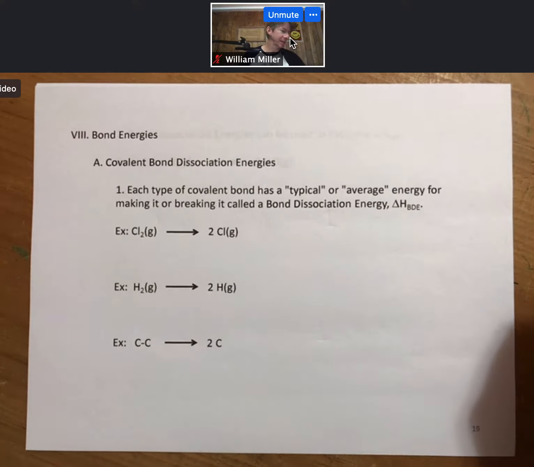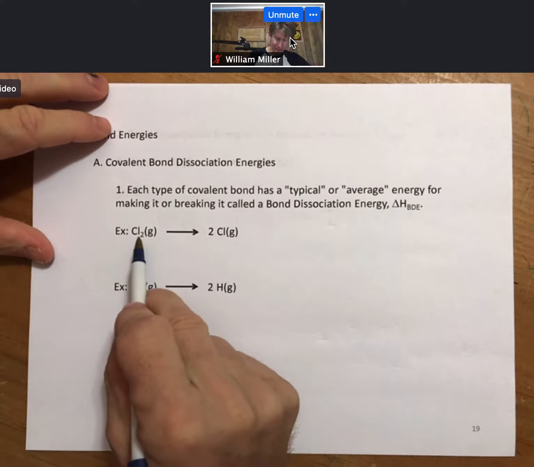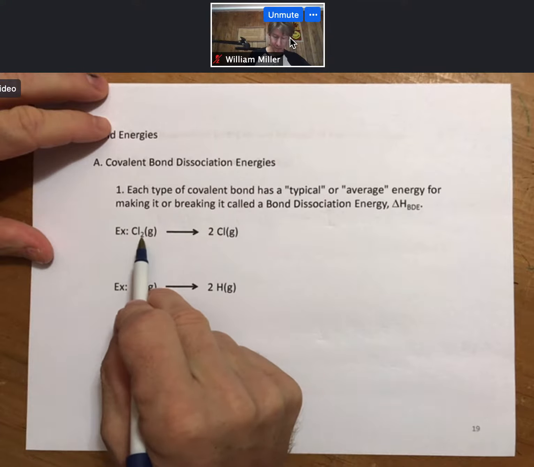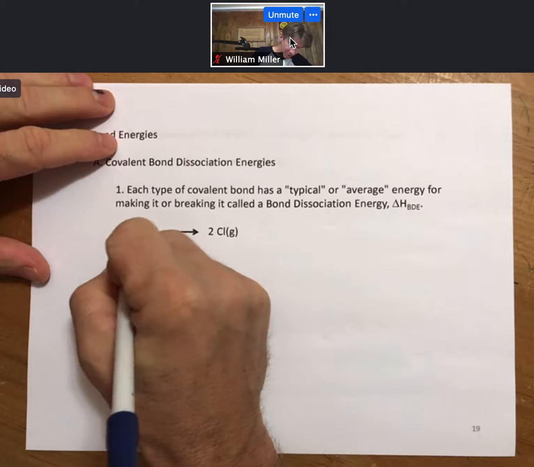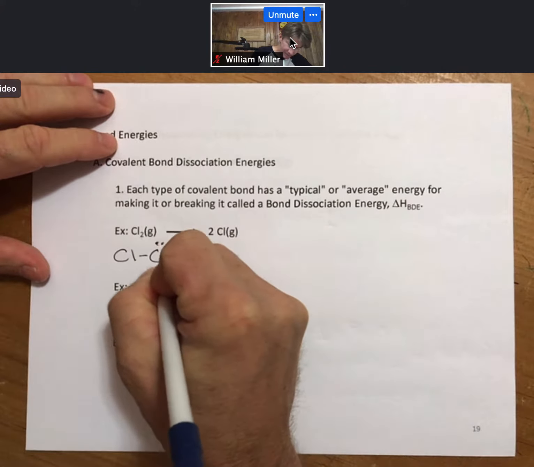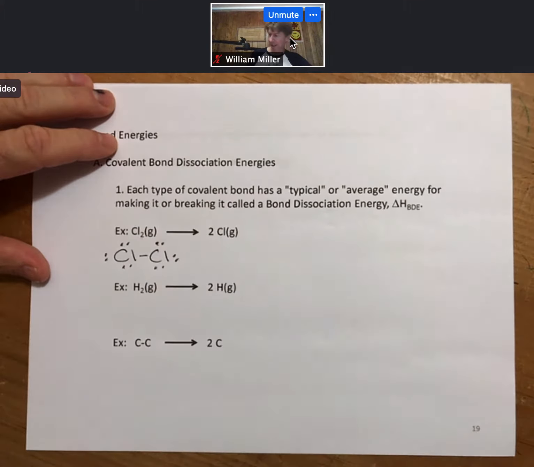called a bond dissociation energy. And the bond dissociation energy is a process by which you take, for example, two chlorine atoms that are bonded together. And we could draw the Lewis structure for this now. Cl2 would look like this.